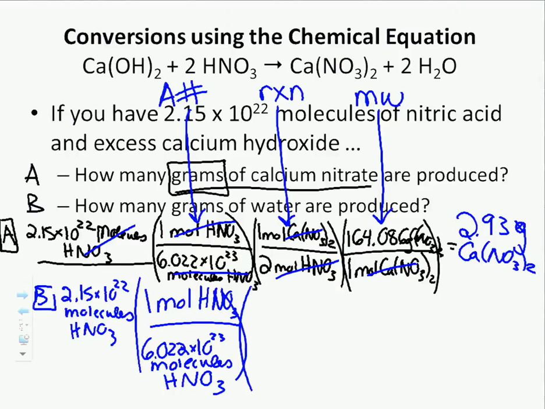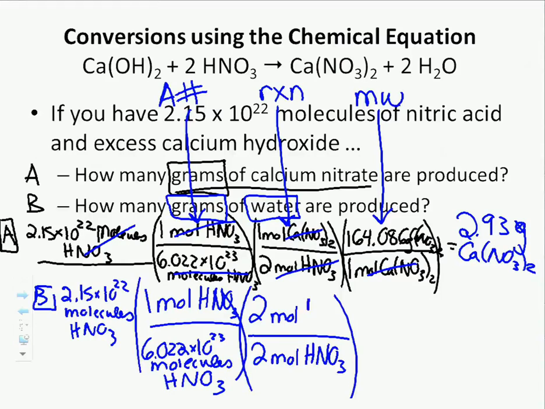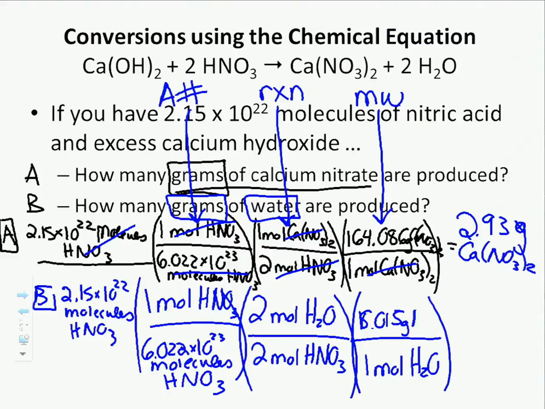Then we need to use our balanced chemical equation to convert from moles of nitric acid to, in this case, grams of water. So we've got for every 2 moles of water. Then we can use the molecular weight to convert from moles of water to grams of water. So we have 18.015 grams of H2O.